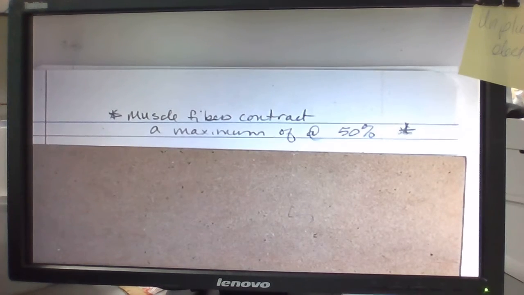And so that muscle tissue is made up of these fibers, so these muscle cells, especially when we're talking about skeletal muscle. So right now, we'll focus on skeletal muscle. They're these big, long, skinny fibers that are the cells. And these fibers can contract a maximum of about 50%.